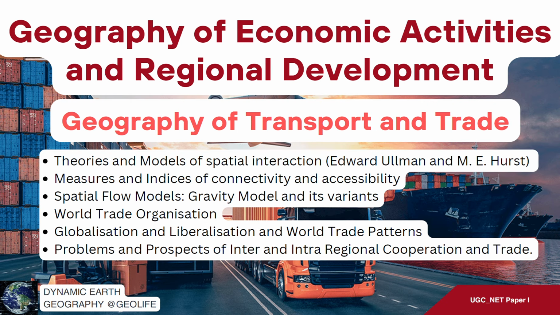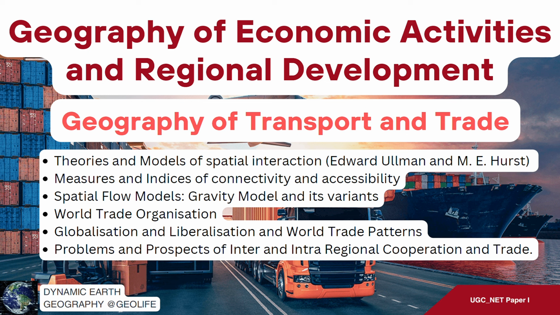Then geography of transport and trade includes the theories and models of spatial interaction put forward by Edward Ullman and M.E. Hertz. Then measures and indices of connectivity and accessibility. There are different formulas that you should understand in transport and trade.